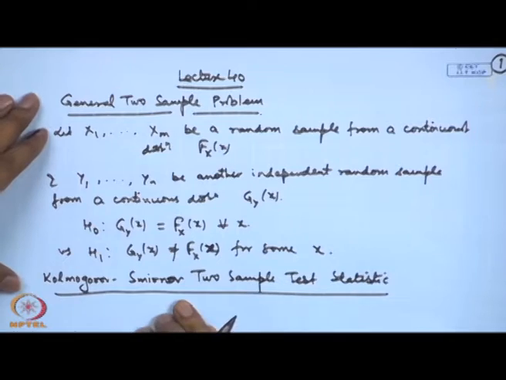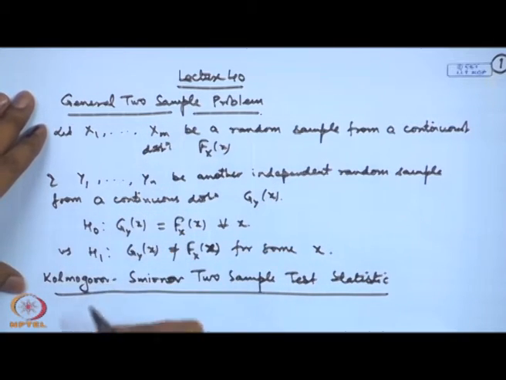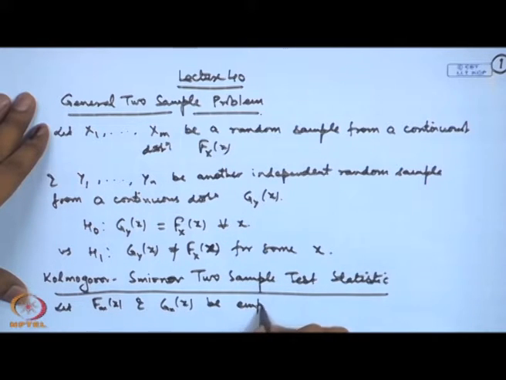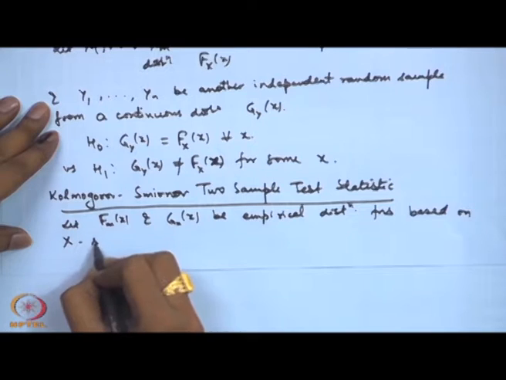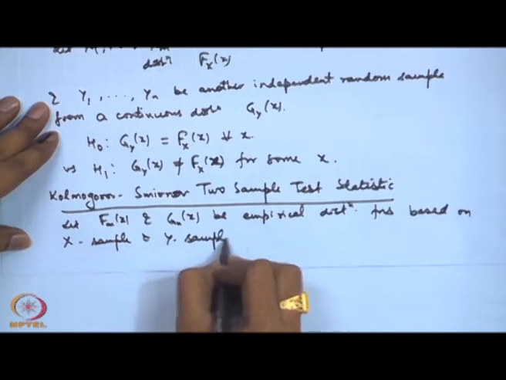So, let us define firstly the empirical distribution functions based on x1, x2, ..., xm and y1, y2, ..., yn. So, let Fm(x) and Gn(x) be the empirical distribution functions based on the x sample and the y sample respectively.